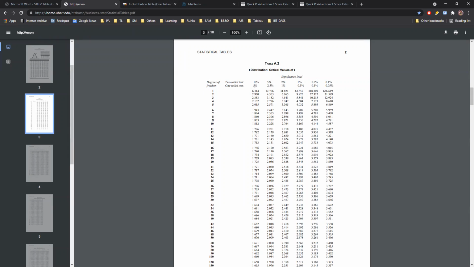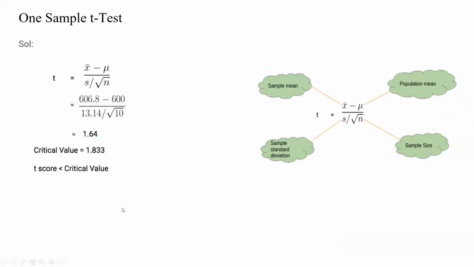In this one tail test, at 5% level of significance, with degrees of freedom of 9, my t critical value is 1.833. This would be my critical value, and I can see that the t-score is less than the critical value.